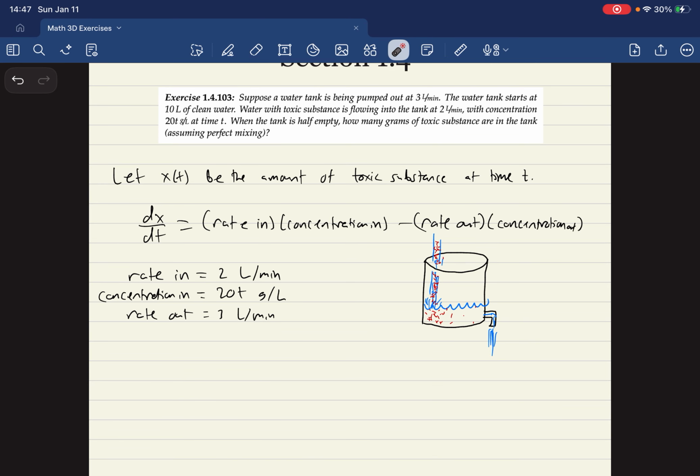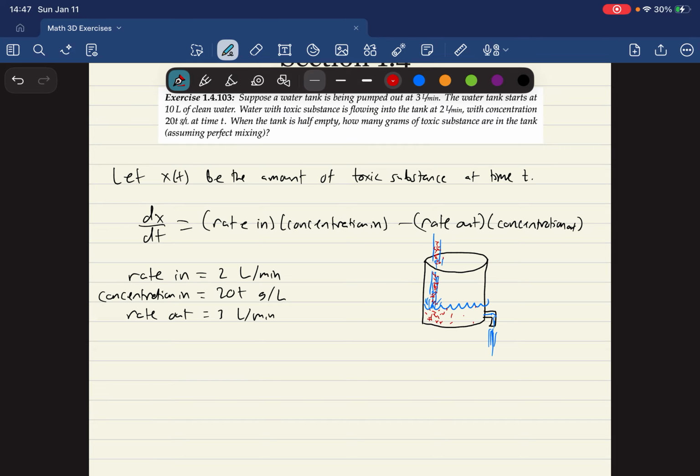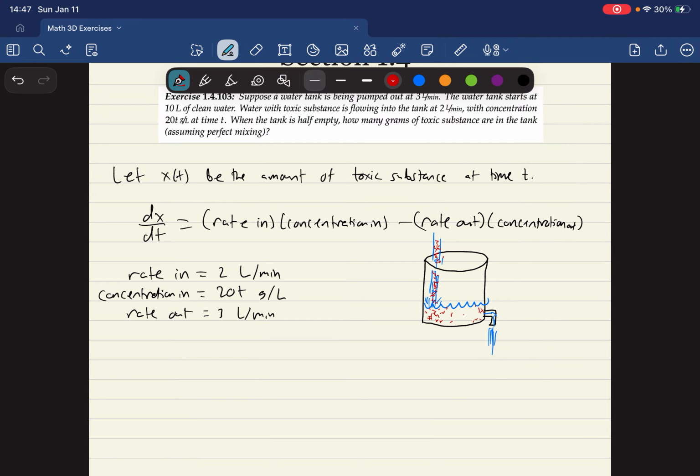So we want to determine what's the concentration of toxic substance in our little faucet at time t. But we're given that the tank is being perfectly mixed. So if the tank is being perfectly mixed, we can fix our image here so that all the toxic waste is evenly distributed throughout the water.